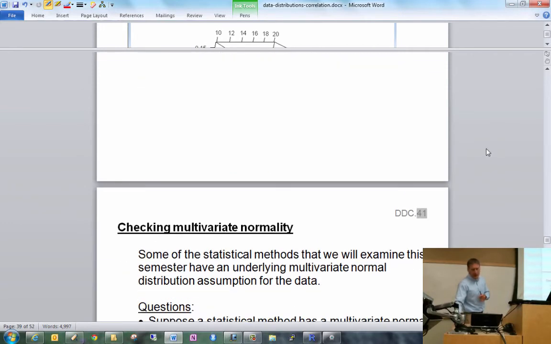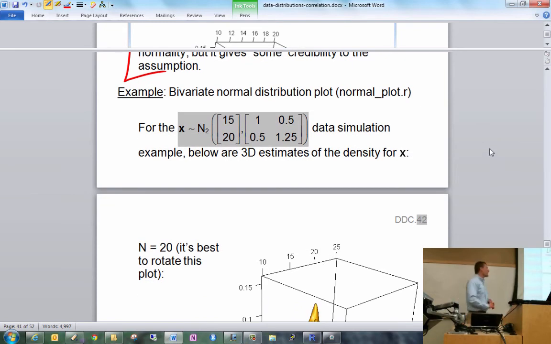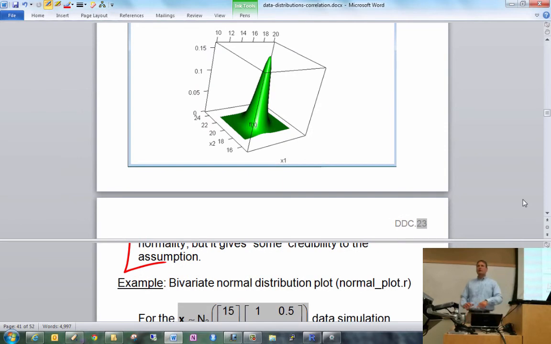Let's look a little bit closer at this bivariate situation. If you remember, we looked at this particular normal distribution last time, and here's a plot of what that normal distribution looks like as a surface.